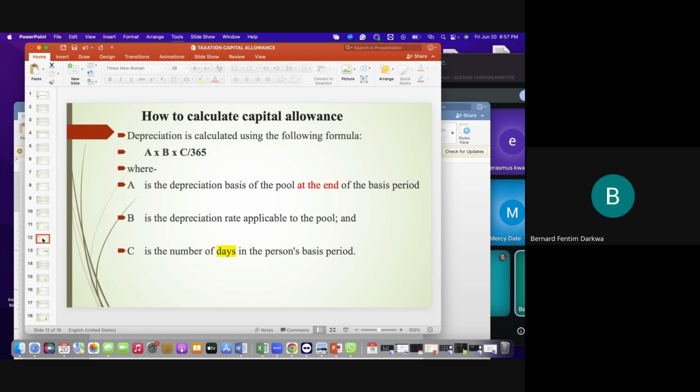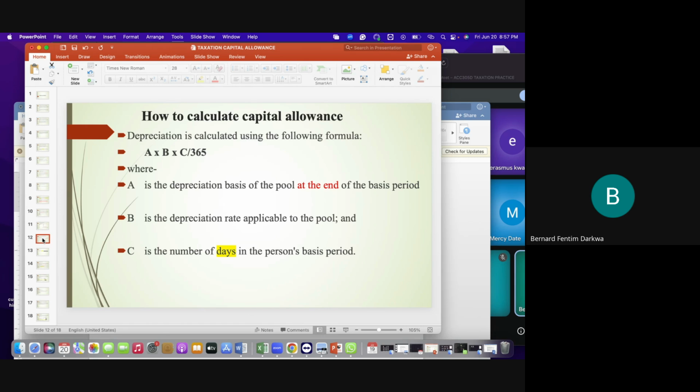When you put the assets into the pool, the balance you get is what A represents. So if it's class 1 or class 2, the total value of the class 1 assets becomes the A. Then B is the depreciation rate. Each class has its own rate.